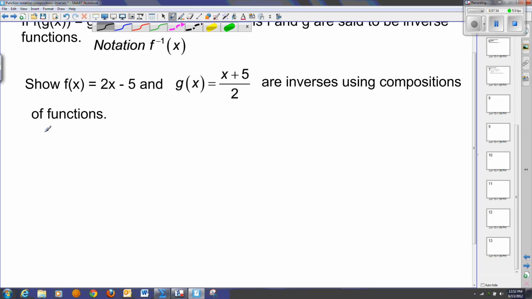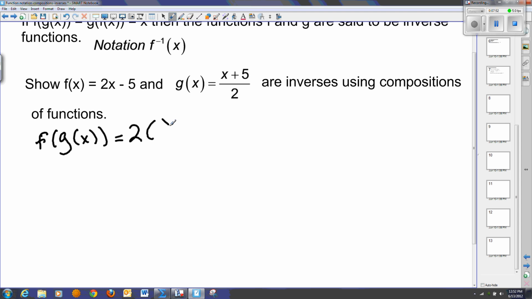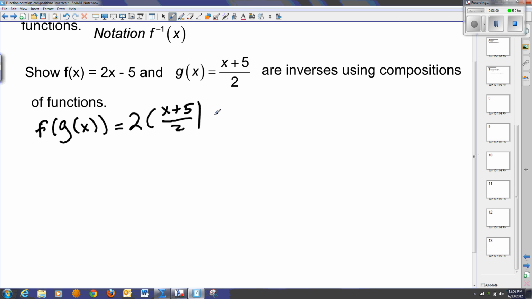f of g of x is going to be the same as plugging the entire g function into the f function for the x value. So that's 2 times x plus 5 over 2, and we're going to subtract 5 from that.